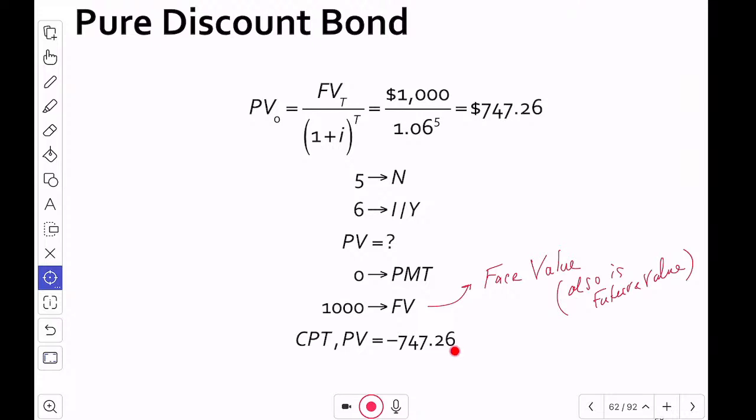But you're going to pay, when you compute the PV, you're going to pay this amount for it as a fair price, $747.26. It's a negative, right? Because this is out of pocket to get $1,000 at maturity. So we say the bond matures in 5 years.